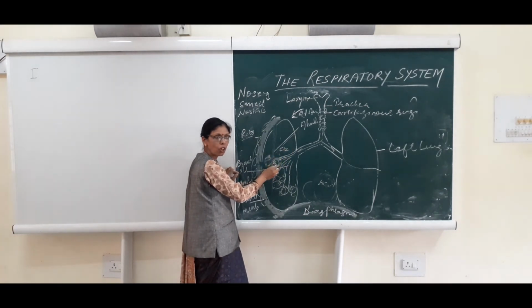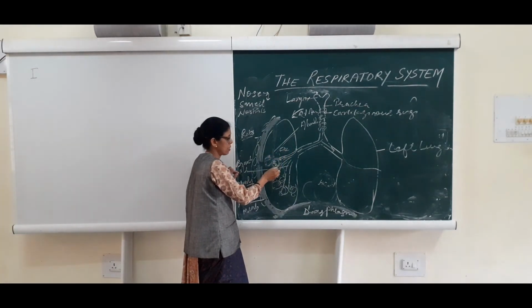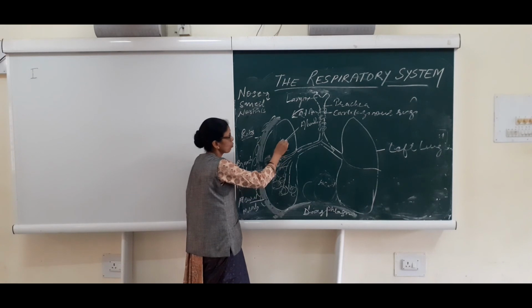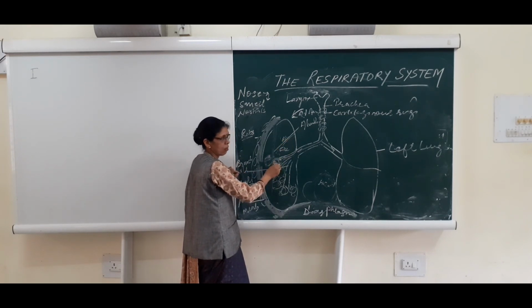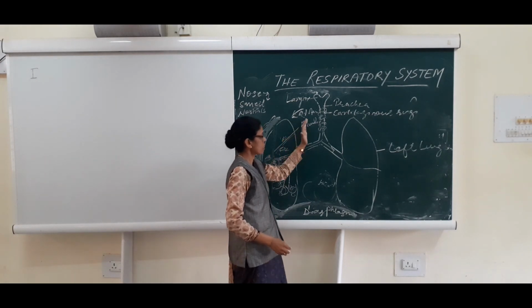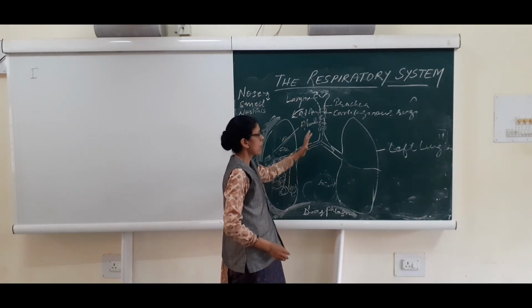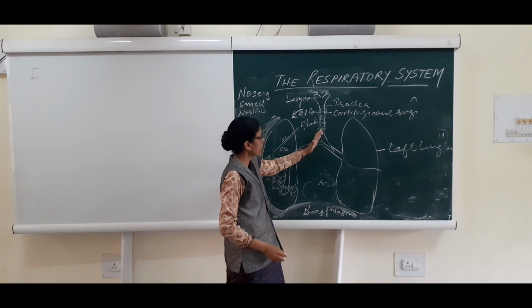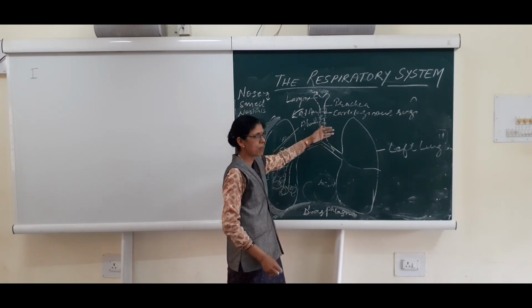So exchange of gases takes place. Oxygen goes to the blood vessels, and carbon dioxide comes here. This process is called as breathing, where oxygen is coming in and carbon dioxide is being given out.